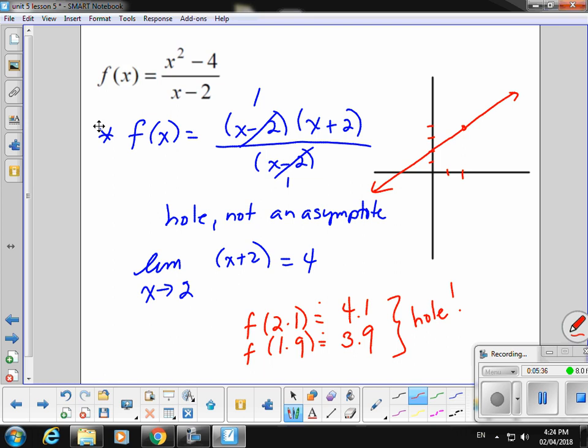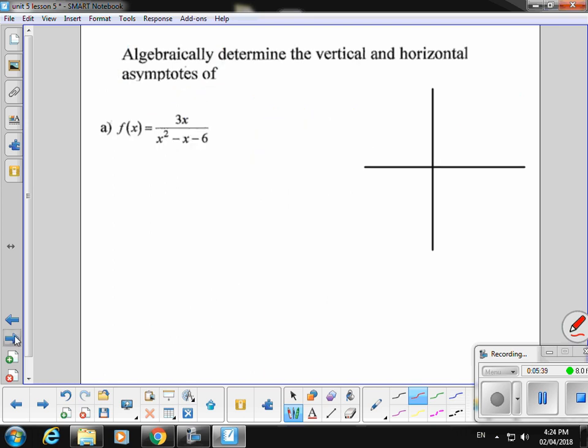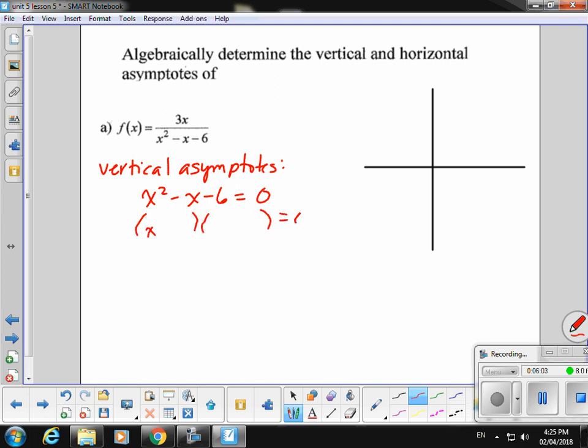Okay, next example. Let's look at asymptotes for this one. First of all, vertical asymptotes. We are looking for those problem spots where my denominator is 0. This one factors nicely. It's always mine are so nice, and the ones I make you do are terrible. X plus 2, x minus 3.